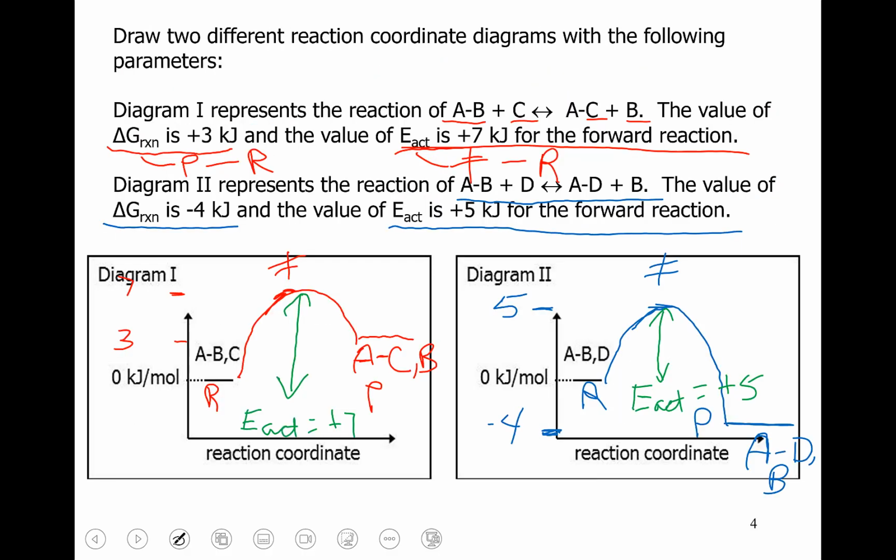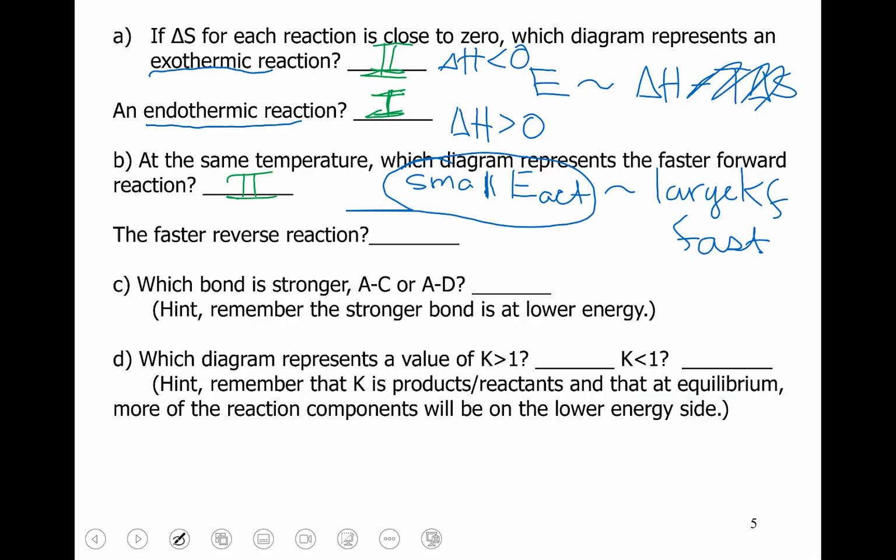While I don't need to look at the diagrams, I could just compare energy of activation forward for diagram 1 is 7, and energy of activation for diagram 2 is 5. The smaller energy of activation forward is going to result in the larger value for the forward rate constant. So that would be 2.